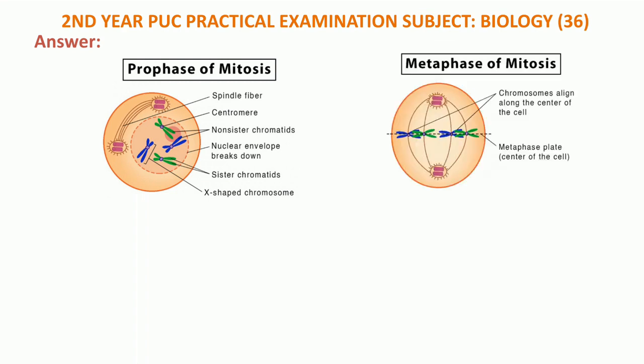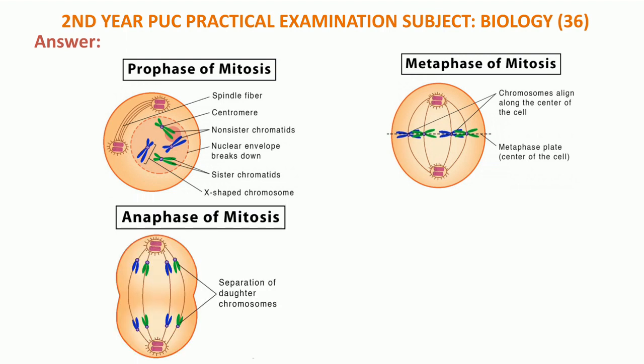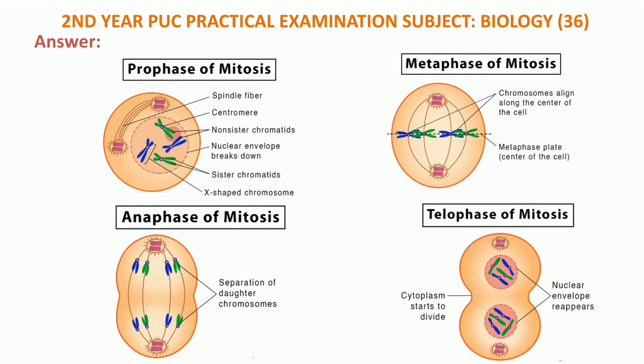Or if you get metaphase, you should write metaphase of mitosis as a heading and draw this labelled diagram. If you get anaphase, you should mention anaphase of mitosis and the labelled diagram, or telophase of mitosis labelled diagram.